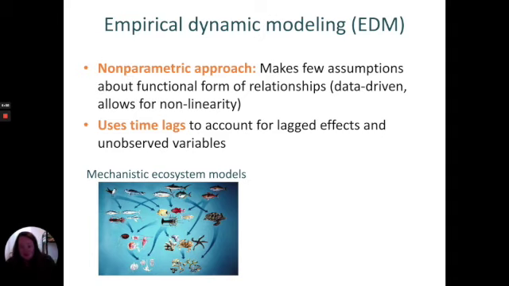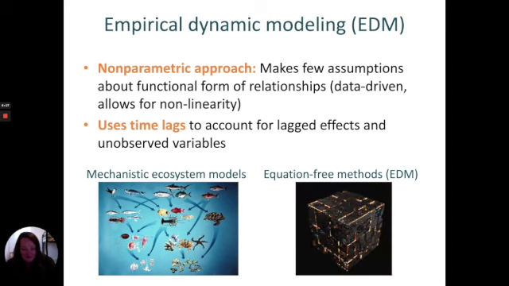EDM is on the far end of the continuum of modeling approaches, from mechanistic models where the relationship between each constituent pair of species is known and included explicitly in the model, to these equation-free methods that are more akin to a black box, where you don't know the constituent interactions between each individual component, but you can still model the dynamics of the ecosystem as a whole.